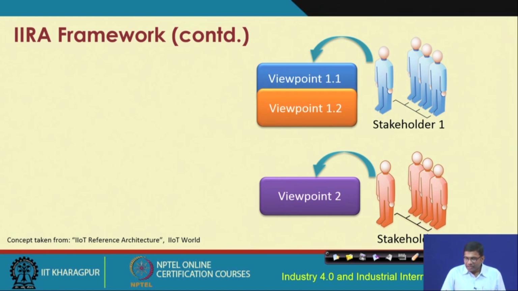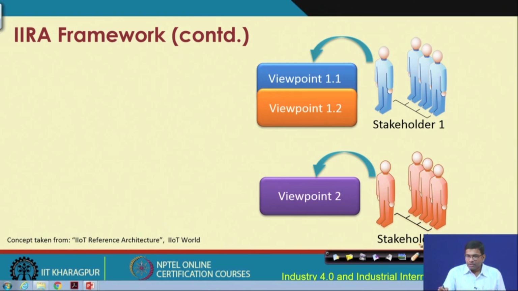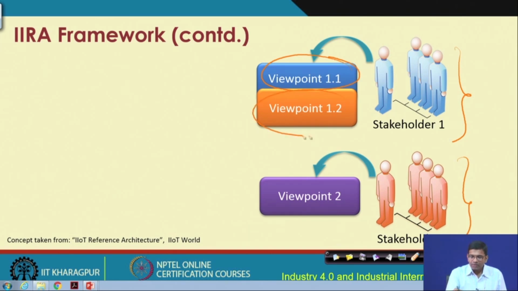As you can see over here, let me explain it to you. This shows that there are different stakeholder groups, stakeholder group 1, stakeholder group 2. These stakeholders have different viewpoints, viewpoint 1.1, viewpoint 1.2, etc. Similarly, stakeholder 2 would have their own viewpoints, which could again be classified as 2.1, 2.2, etc., as the case may be.